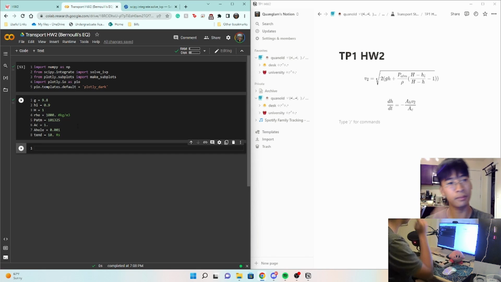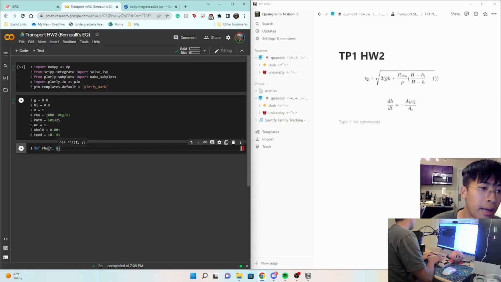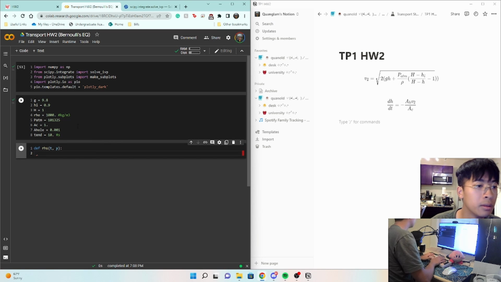Okay. So let's go off and create our right-hand side equation. So right-hand side, it takes in t and y. Our only unknown in this case is height. Again, y is an array, so height is the first index in the y array.